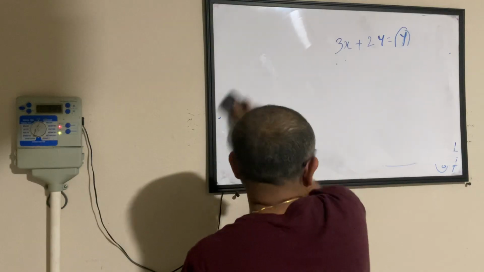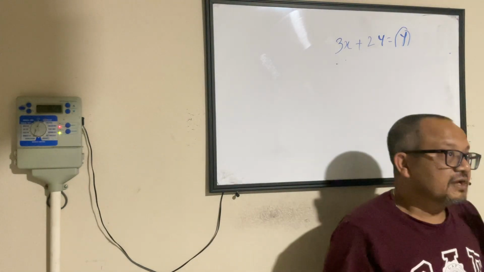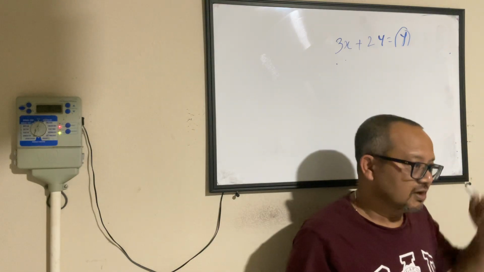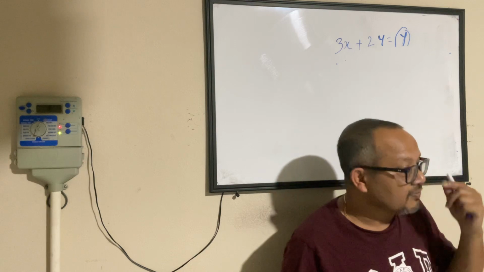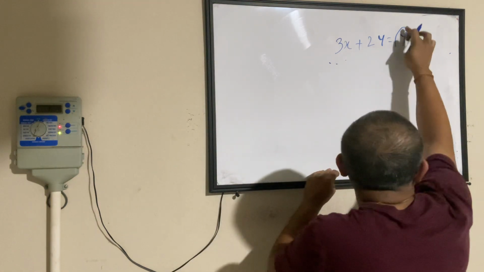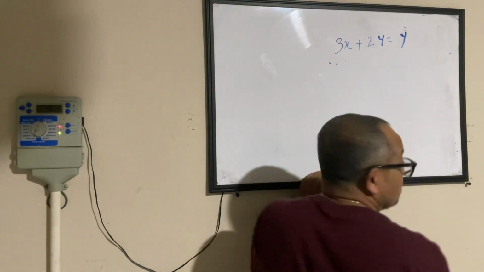Now, there was a question that came, and again, these are legitimate questions. The question was, if you try finding the zero of a linear polynomial, how will you make the line? Now look at it this way. This is my parent linear equation, 3x plus 24 equal to y.